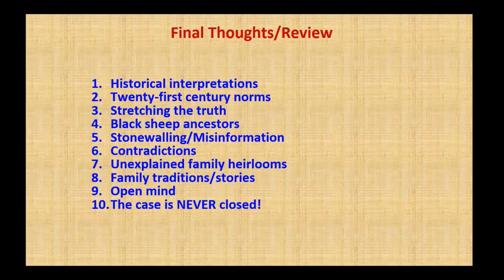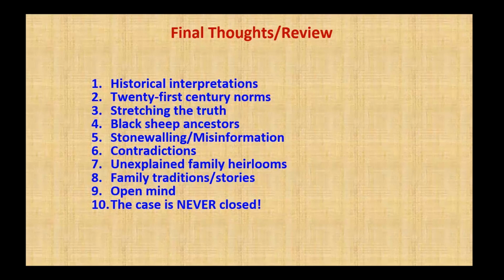Number seven, investigate any unexplained family heirlooms, pictures, and diaries. Sometimes, if you can do some research into that, it may help you overcome some brick walls that you've discovered. Number eight, again, I gave you a couple examples of this from my own situation, but stories, accounts, dates, places, or narratives often change over time or become hazy over time.